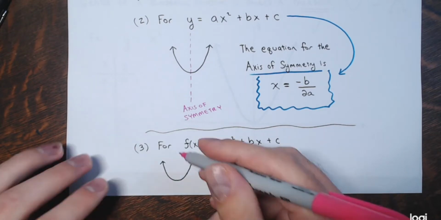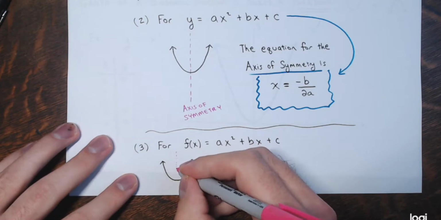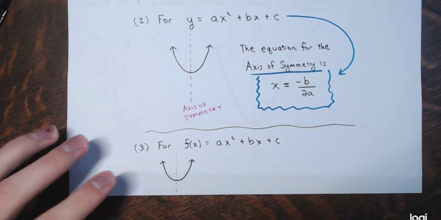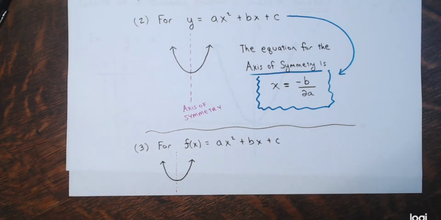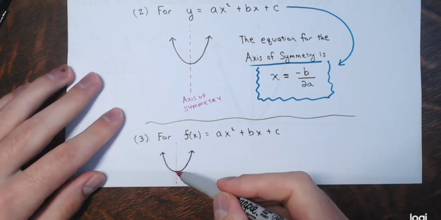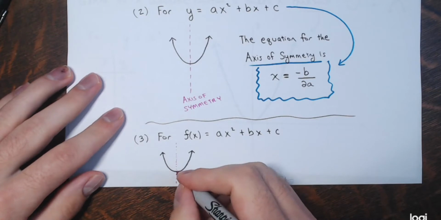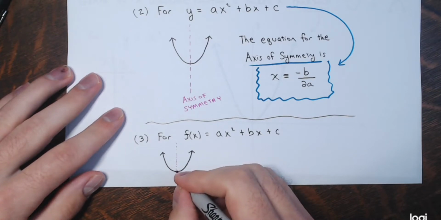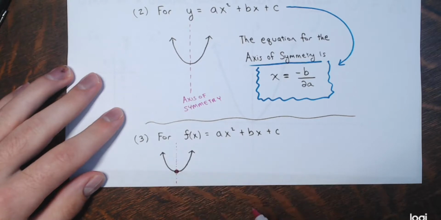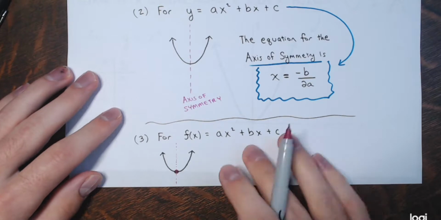Right, you got the axis of symmetry again. I'll make a little dotted line in a different color. But then the axis of symmetry intersects the parabola at one point. And that point is either the lowest point or the highest point, right?